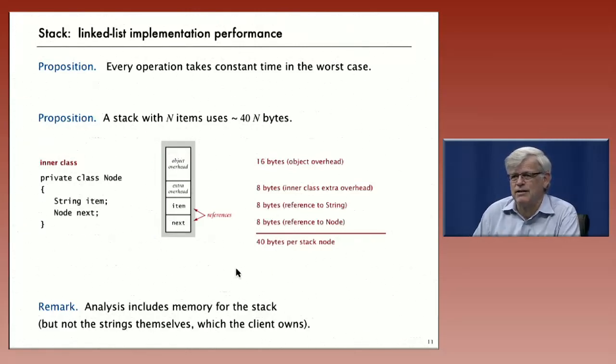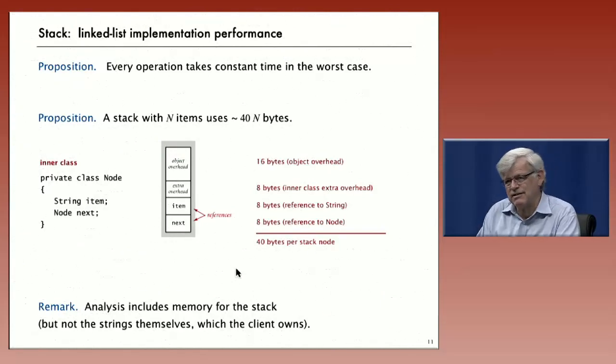So in Java, for every object, there's 16 bytes of overhead. There's some extra overhead, 8 bytes because it's an inner class. And then there are 2 references that we built in our class node, one to a string and another one to a node, and those are each 8 bytes. So we have 40 bytes per stack node.